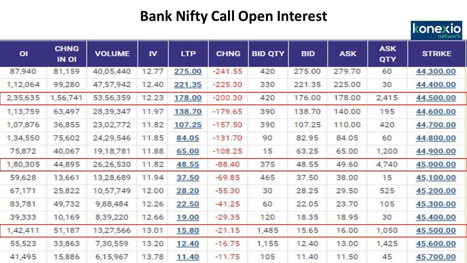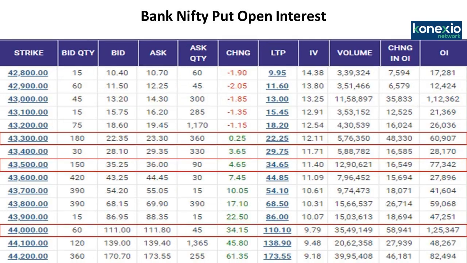Now, friends, let us discuss the Bank Nifty put data. In Bank Nifty puts, you will see on the screen, the action was seen in 44,000 puts, then 43,500 puts, 43,300 puts, and 43,000 puts.